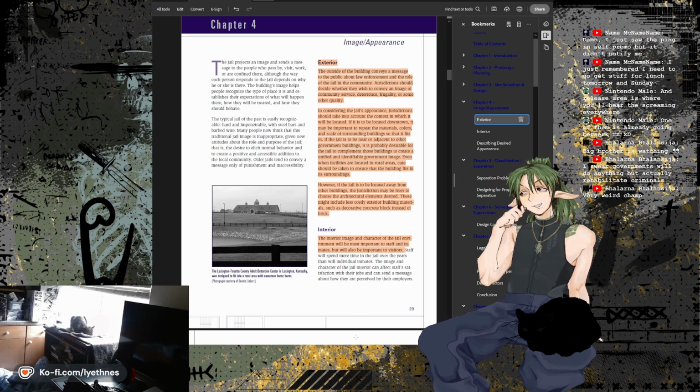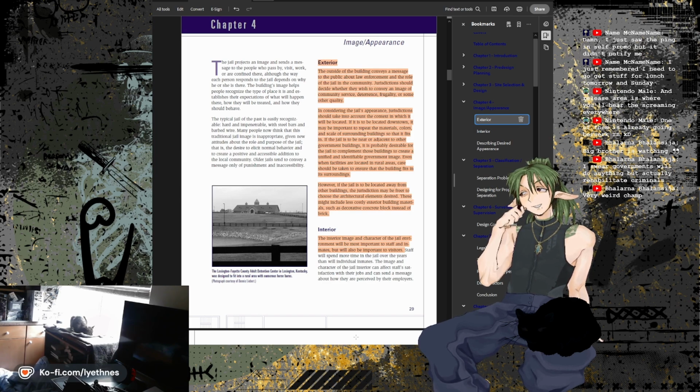I'm going to go to the description of the exterior. The outside of the building conveys a message to the public about law enforcement and the role of the jail in the community. Jurisdictions should decide whether they wish to convey an image of community service, deterrence, frugality, or some other quality. In considering the jail's appearance, jurisdictions should take into account the context in which it will be located.